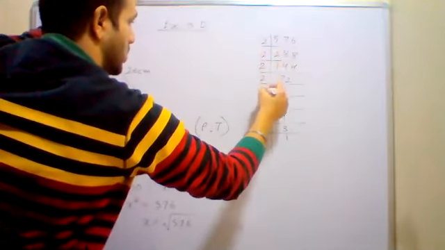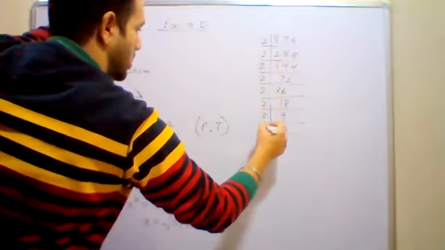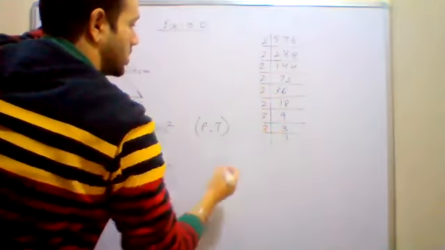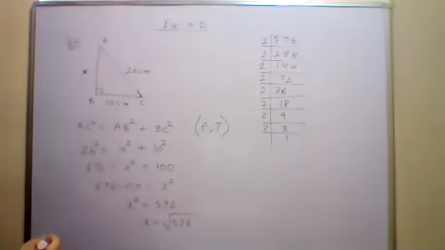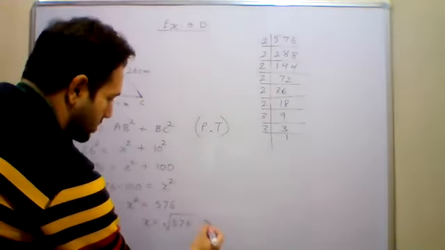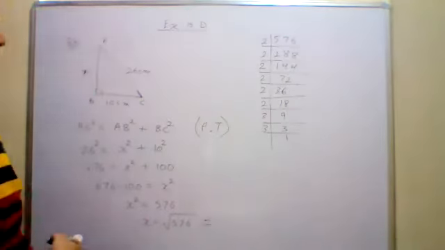Two, two, two, two, two, two, three, three. So these are the prime factors of 576. All of you, please see this. I'm telling you how to find it.